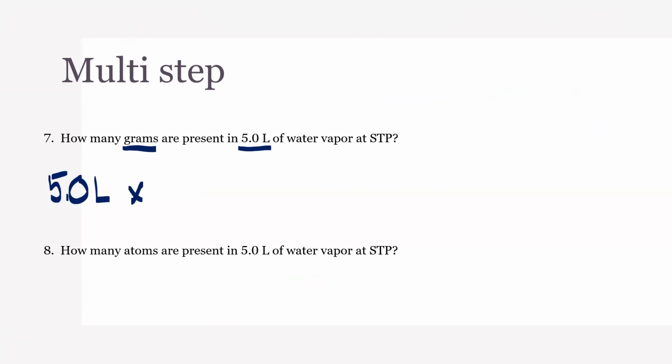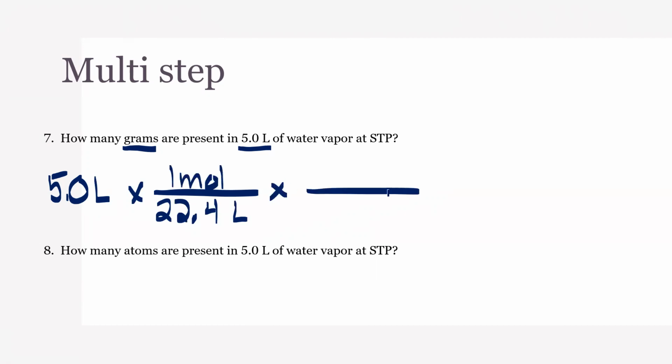5.0 liters. We can convert, we know, liters to moles. But then we can keep going because now we know we can also convert moles to grams. So 1 mole will go on the bottom. Again, kind of just being an intermediary step. And water vapor is H2O. Oxygen is 16.